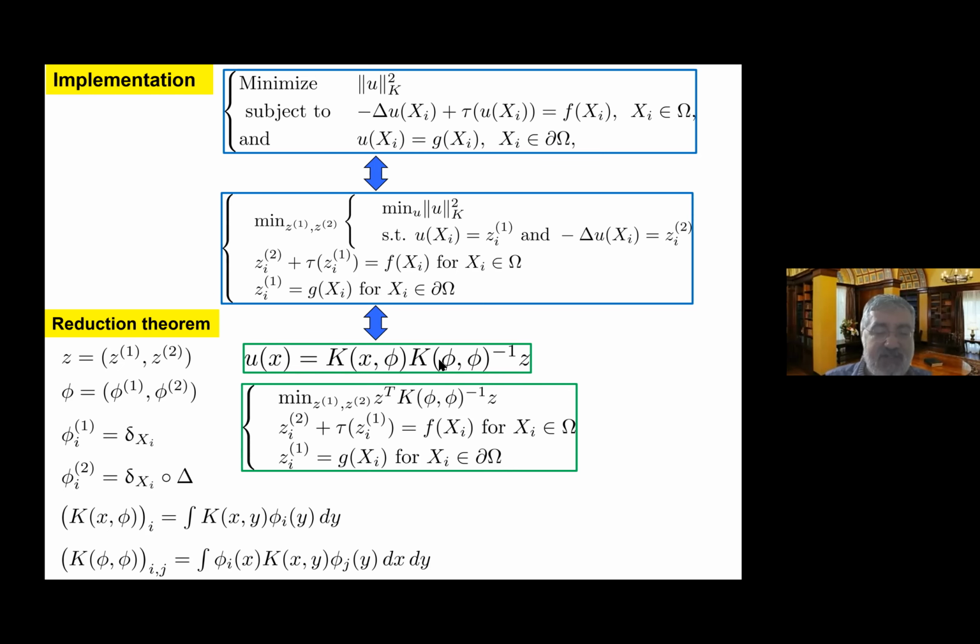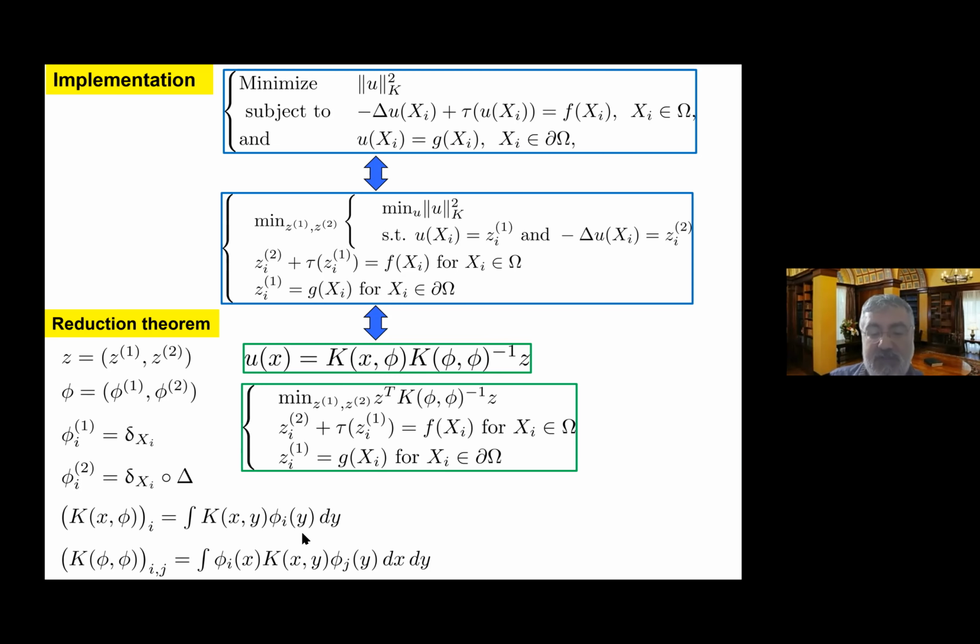kernel matrix K phi, which is obtained by integrating the kernel K against these functions phi i and phi j. These functions are essentially concatenations of Dirac masses located at collocation points and Dirac masses located at collocation points composed with the Laplacian.